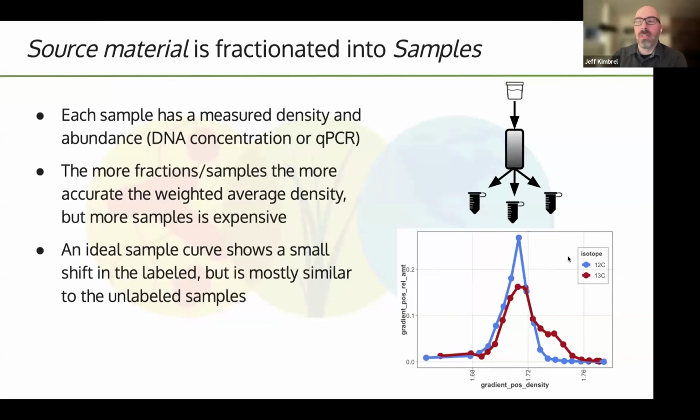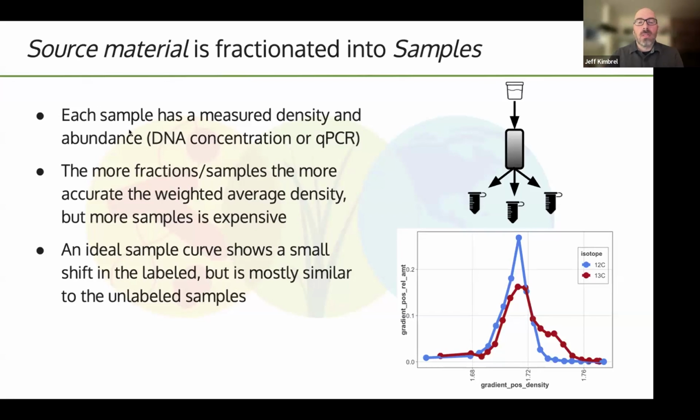This is your plant, your scoop of soil, whatever it is that you actually added your label to and extracted DNA from. And that source material is fractionated into samples. So the sample is the middle level, where traditionally for qSIP, we sequence with Illumina. So this is what you actually ran in the machine.